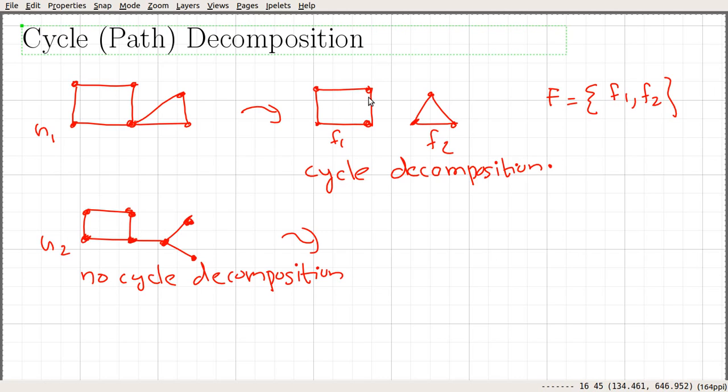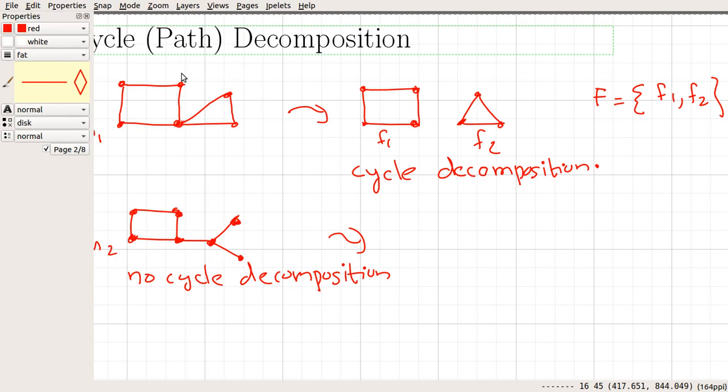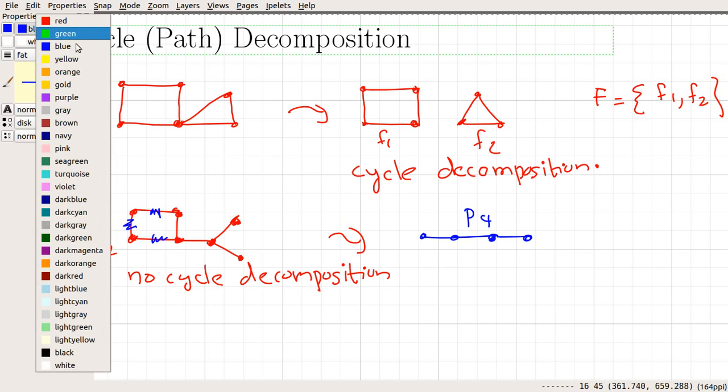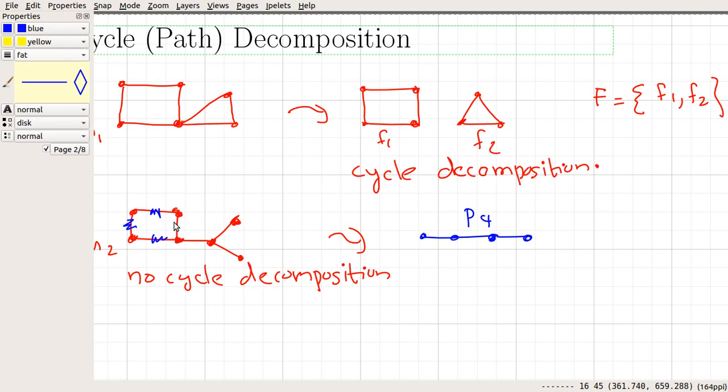So for example, maybe something like this. Let's consider this path first. We have a path on 1, 2, 3, 4 vertices, a path on 4 vertices, P4. Then we have this path. Let me use a different color.